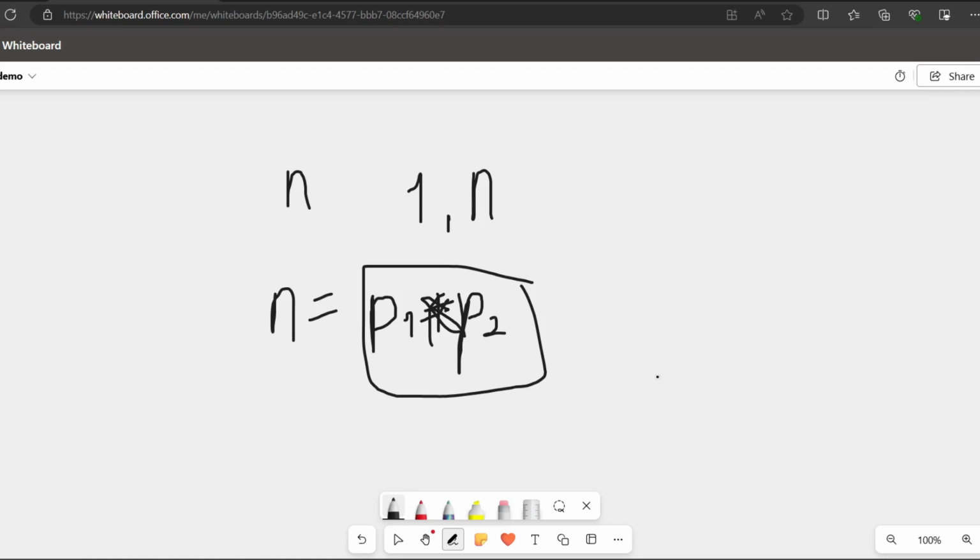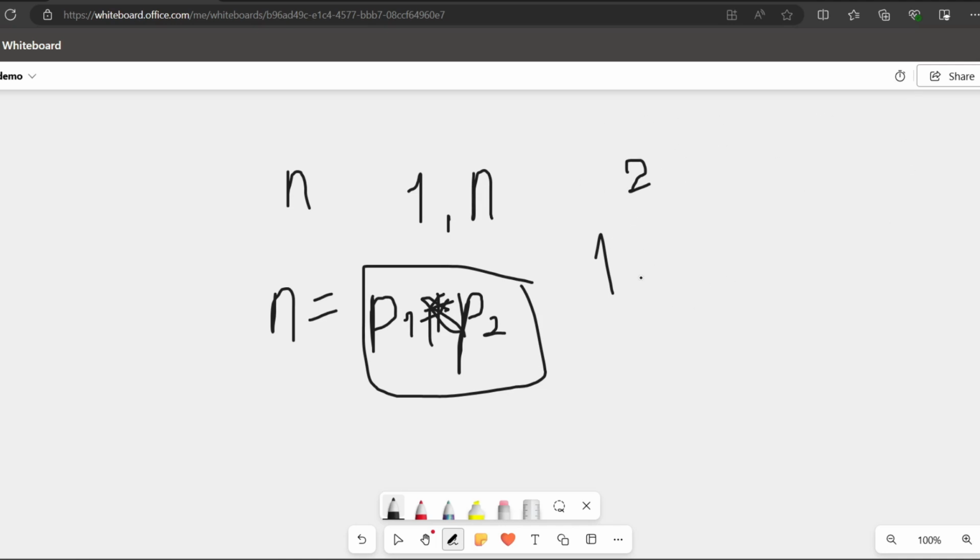This is the formula that we're going to use, and the only thing we have to do in implementation is find the first two prime numbers that are at the distance we are given.